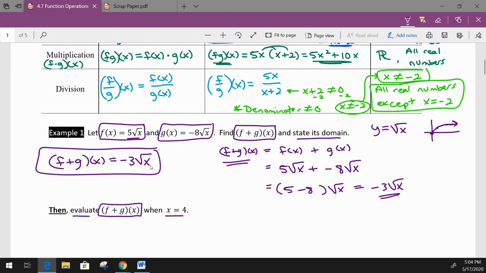However, when you have an even root, and the square root has a root of 2, that is even. So when you have an even root, if you notice, your x values are always positive. They're going to the right. You cannot take the square root of a negative number, or else you're going to get an i, or imaginary number, which is also a complex number.